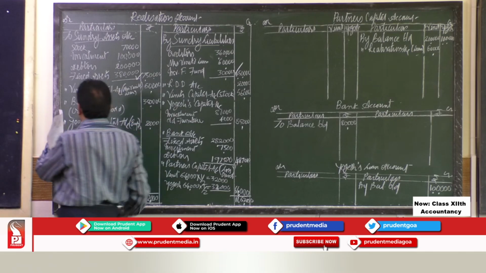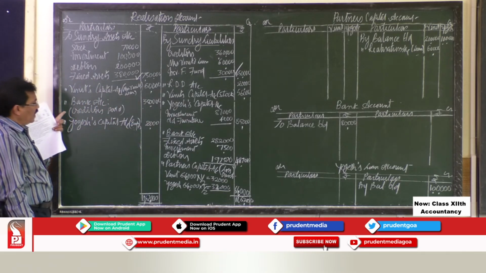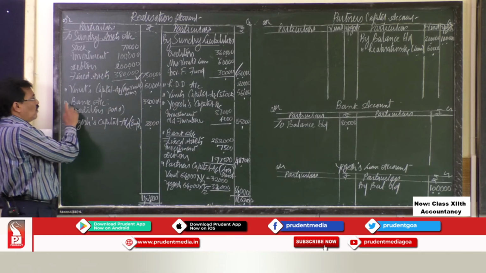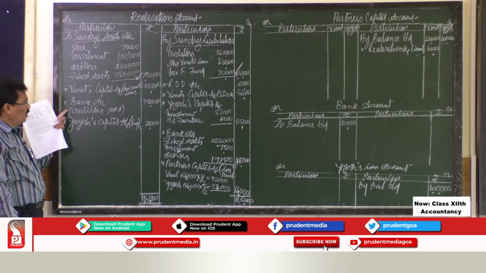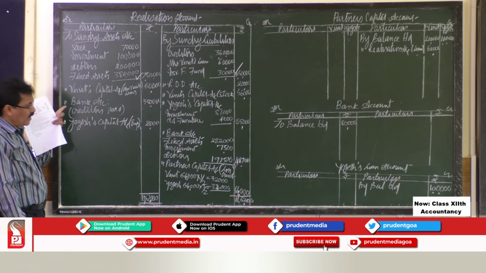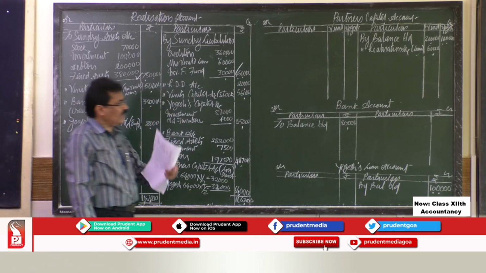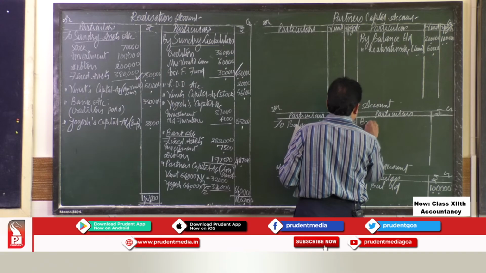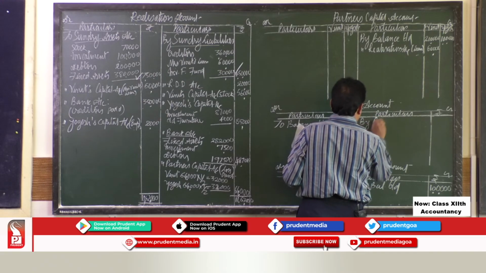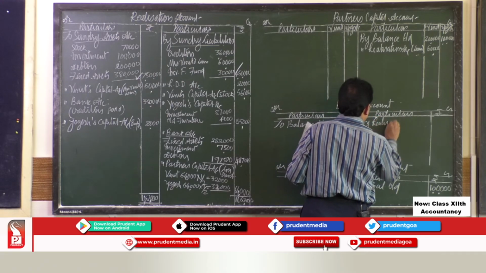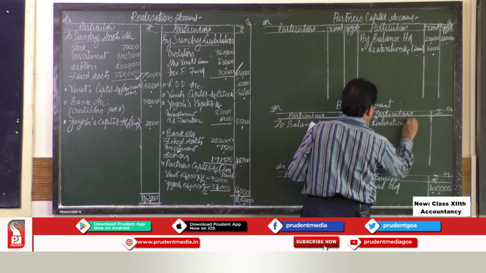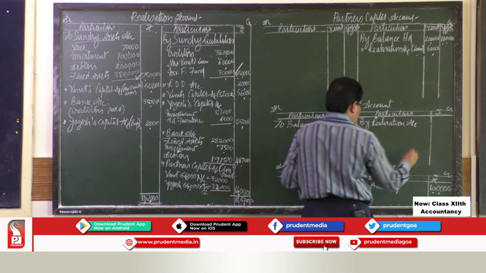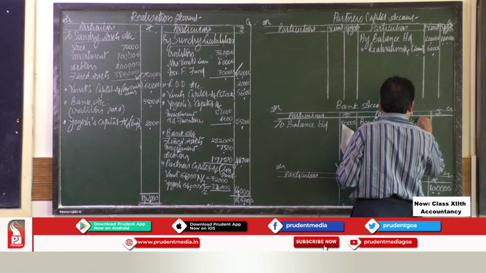Now the next one is bank account. How do we read this entry? Realization account debit to bank account. So here bank is debit, so you have to write it on the credit side. By realization account, it is liabilities paid.